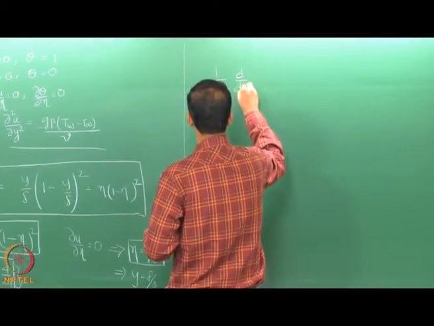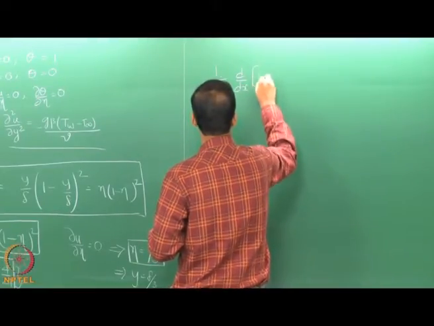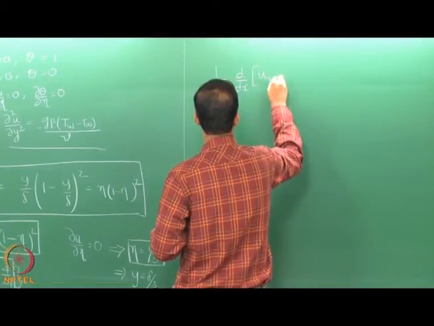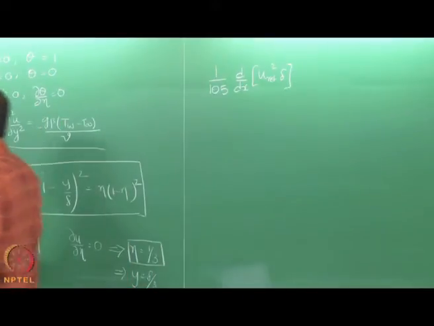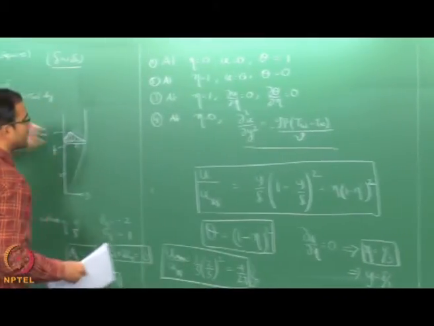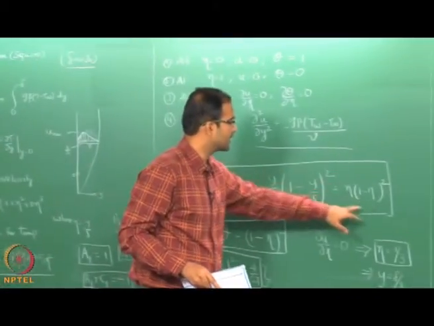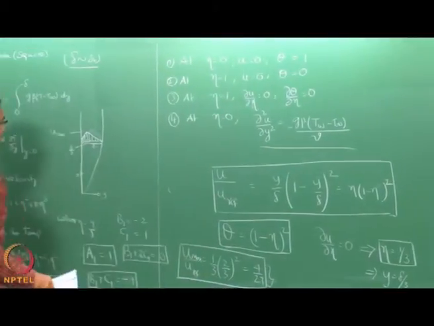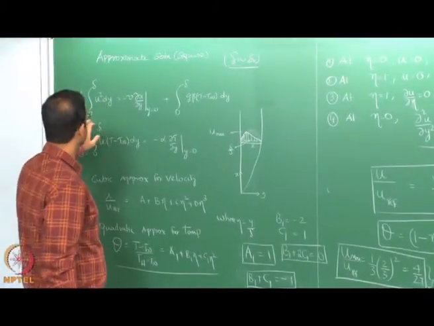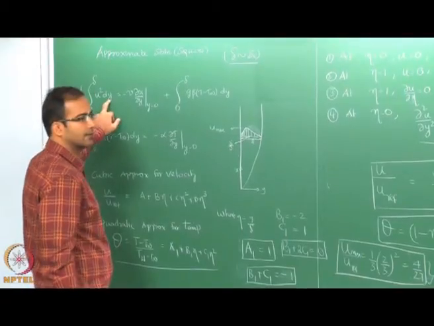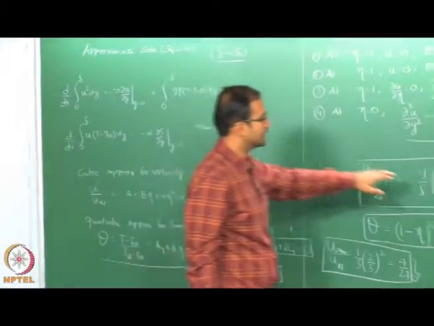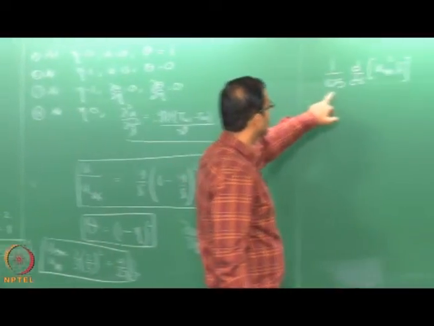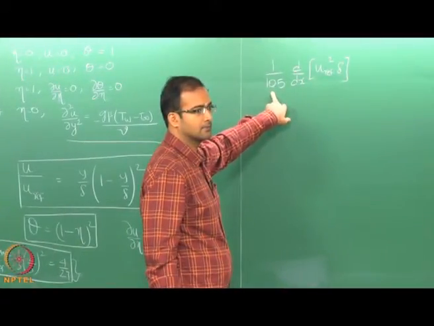I am assuming that you will be able to do the integration. If you substitute for u square as u reference square into eta into 1 minus eta the whole square, into integral 0 to 1 delta d eta, this integral will lead to 1 by 105.